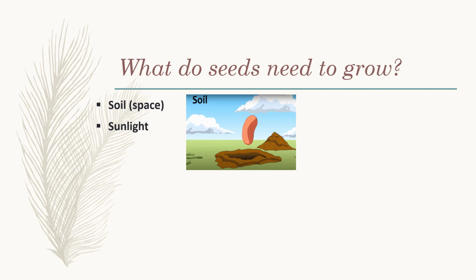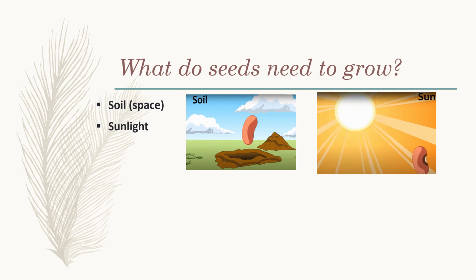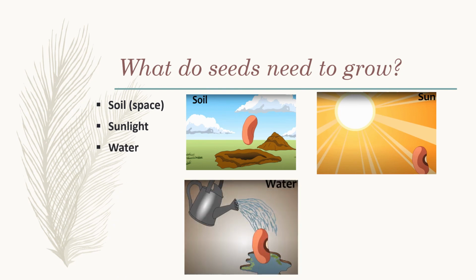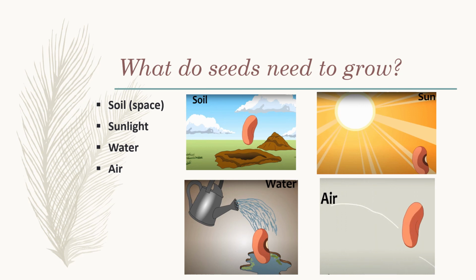And what else? Sunlight. Seeds need sunlight to grow. And what else? Water. We need to water the seed to grow. And what else? Air. Seeds need air to grow. So, what do seeds need to grow? Soil, sunlight, water, and air.